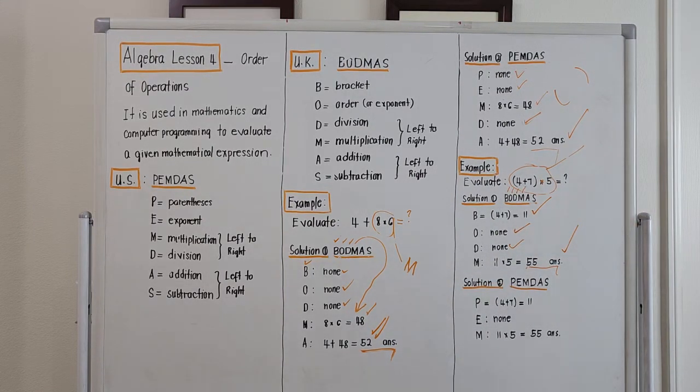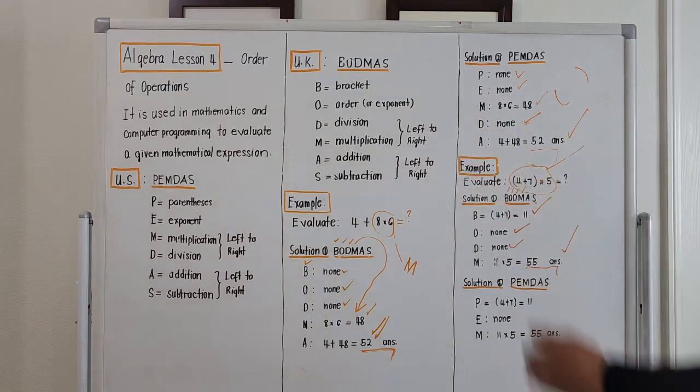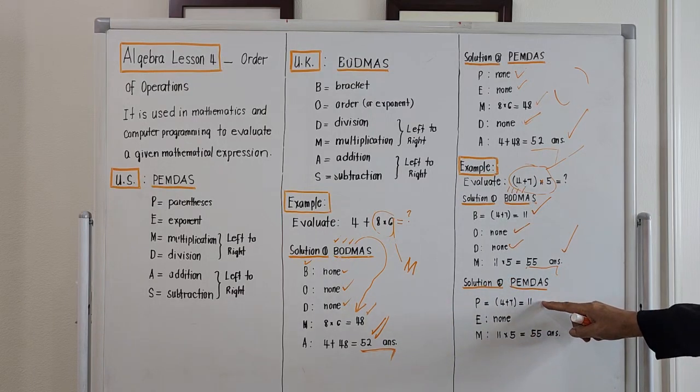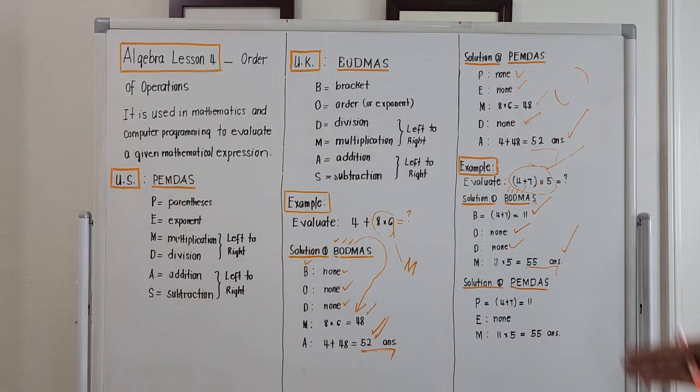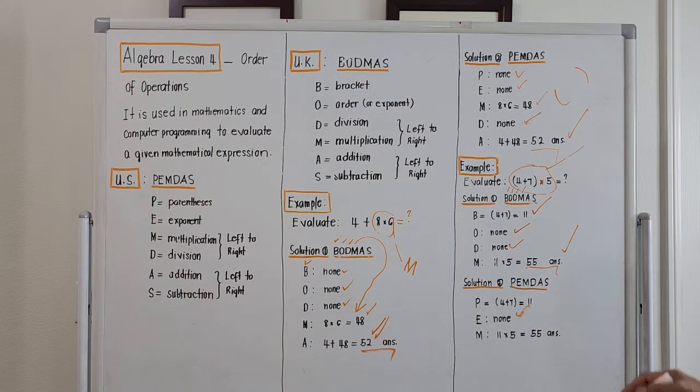Okay, using the PEMDAS solution. Is there a parenthesis? There is, right? The 4 plus 7, open quantity, close quantity. It is the quantity 4 plus 7, and that will be 11. Is there an exponent? None. We are following PEMDAS.